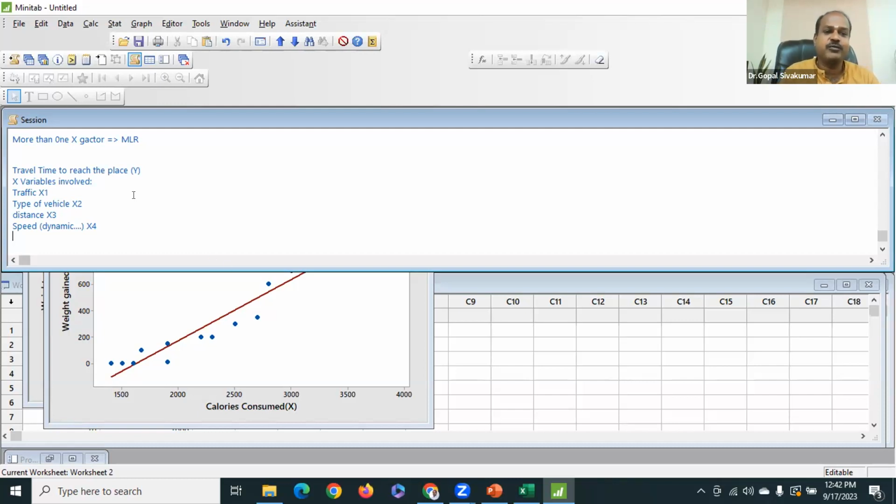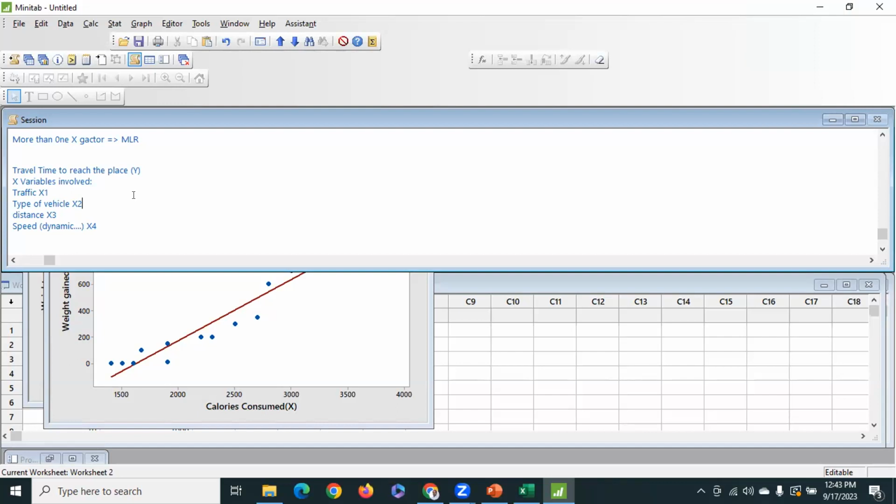Similarly, type of vehicle. If you change from walking to two-wheeler to car to public transportation, there will be a corresponding change in the time consumed. Yes or no? So Google will collect that information also from you. You have to declare that also.